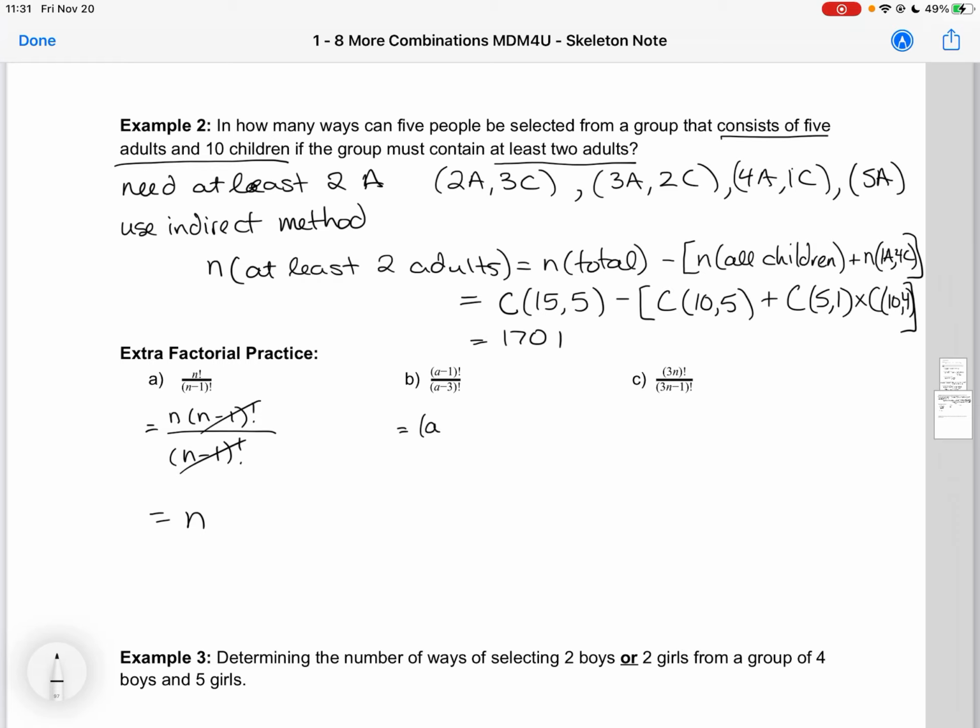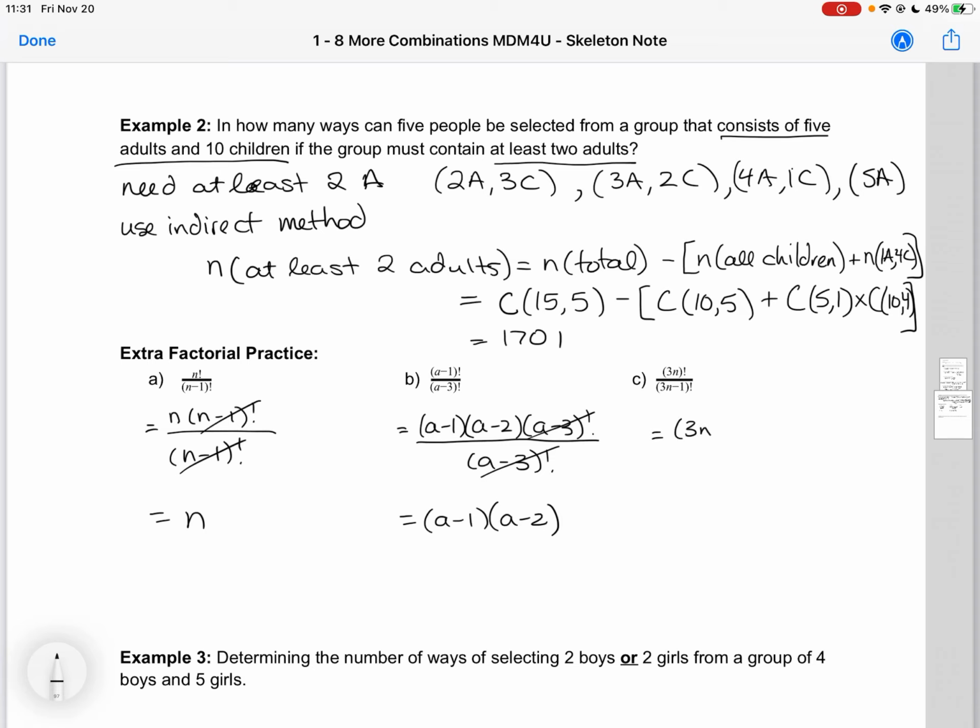Same thing here. I'm going to notice that my factorial on the top is higher in the sense I don't have as much subtracted. So I'm going to subtract until I get to the same factorial on the bottom. That's going to allow me to cancel out, which leaves me with a minus 1, a minus 2.